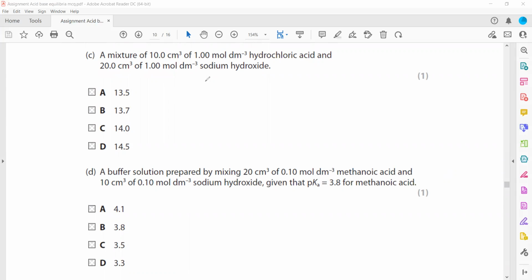We have hydrochloric acid and sodium hydroxide reacting with each other. When sodium hydroxide reacts with hydrochloric acid, it gives sodium chloride plus water.